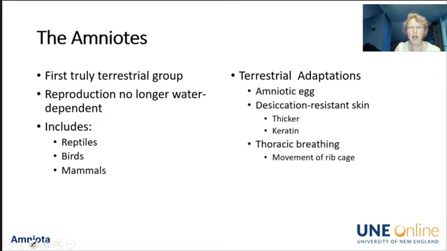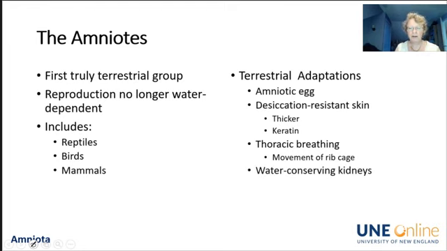Thoracic breathing. With the amphibians, buccal breathing, you bring air in, you move up your jaw, and you push air down into the lungs. With thoracic breathing, what we do is we increase the volume of our lungs, and that pulls air down into our lungs. It's much more efficient.